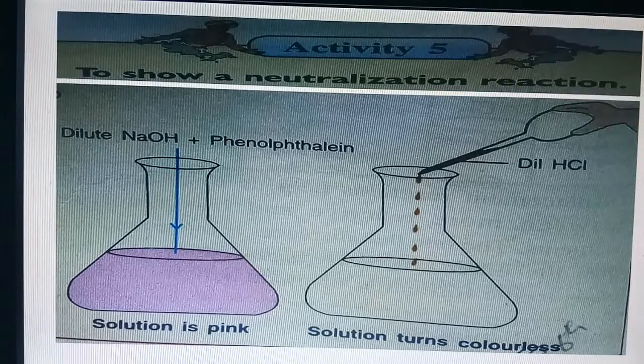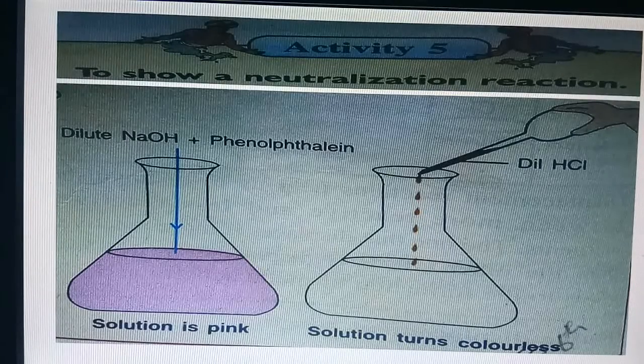Now if you add dilute hydrochloric acid with the dropper slowly, you can see that this pink color will go on fading. Finally this pink color will become colorless. So from this what can we understand?